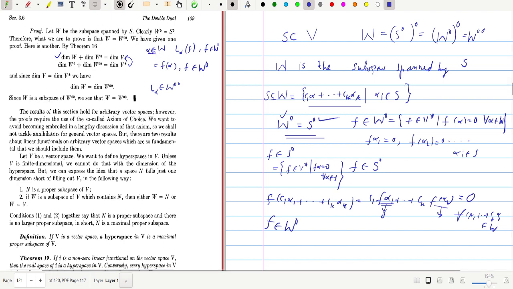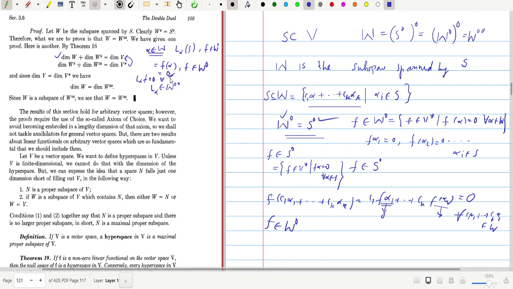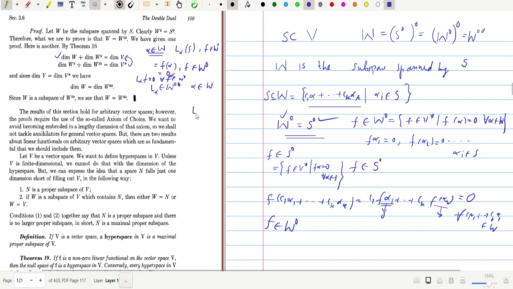And we know that if you choose an element alpha belonging to W and F belonging to W naught, then this quantity is always 0. That means L alpha of F is equal to 0. This is true for all F belonging to W naught. That means L alpha sends every element of W naught to 0, so L alpha belongs to W double naught. So whenever alpha belongs to W, L alpha belongs to W double naught.